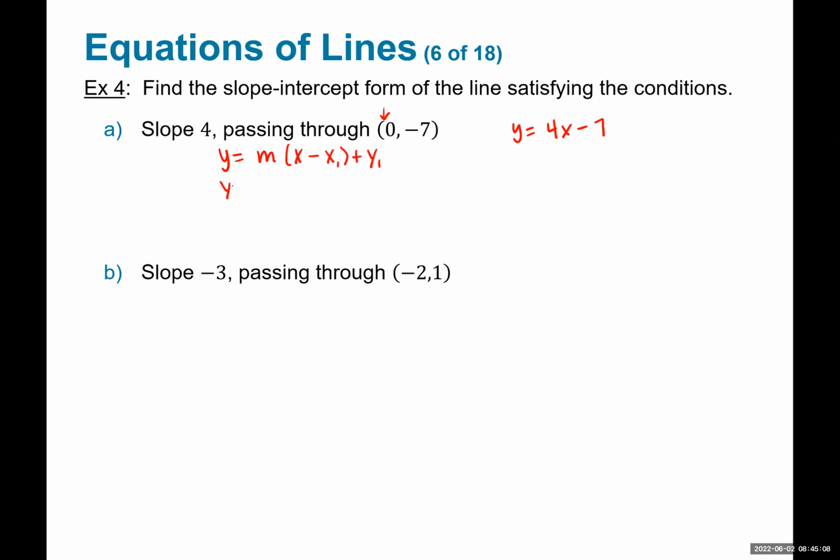Okay, 4 times x minus 0 minus 7. So then when I substitute all of this in, I just get 4x minus 0 plus 7. Minus 0 minus 7, it doesn't really do anything. So we just got 4x minus 7. So again, you can use point slope. We'll do the same here.